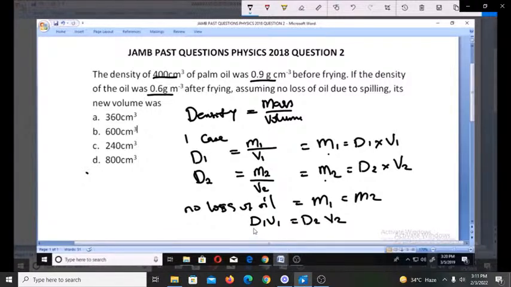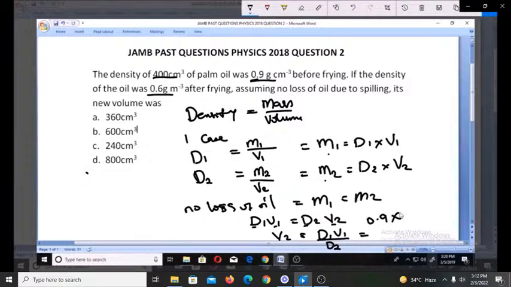Now you know what D1 is, you know what V1 is, you know what D2 is, but you don't know what V2 is. So make V2 the subject. So we have V2 is equal to D1 V1 all over D2. So this is equal to, D1 is what? We know that D1 is 0.9, times, what is V1?